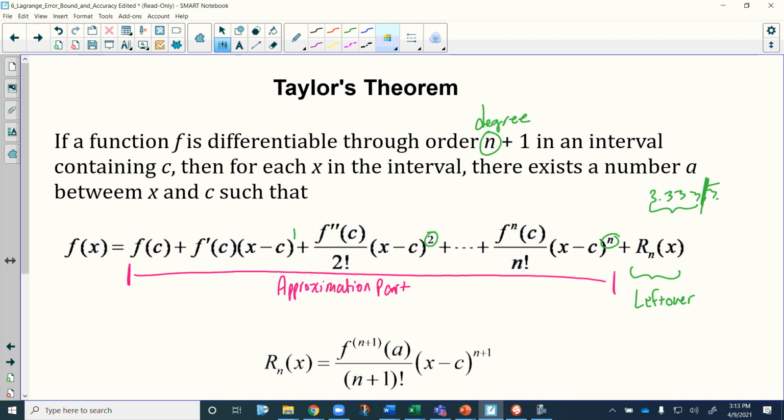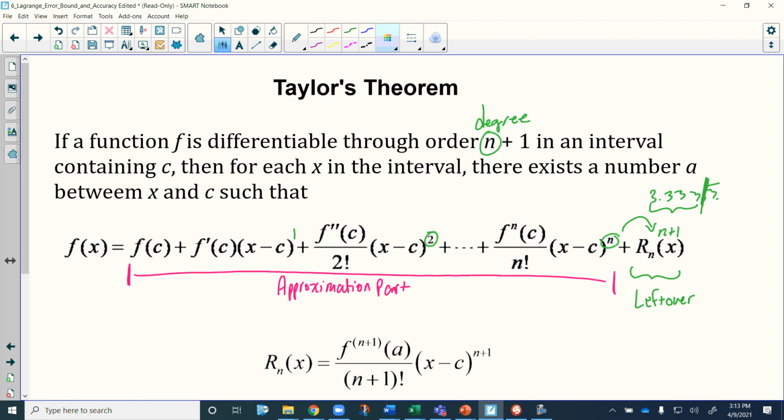So if we're saying n plus 1, that is the n plus 1 degree. Then for each x in the interval, there exists a number a between x and c such that we wind up with this approximation value here.